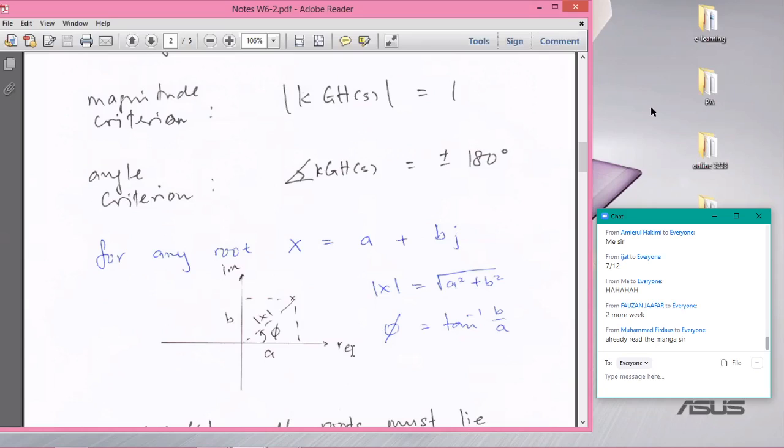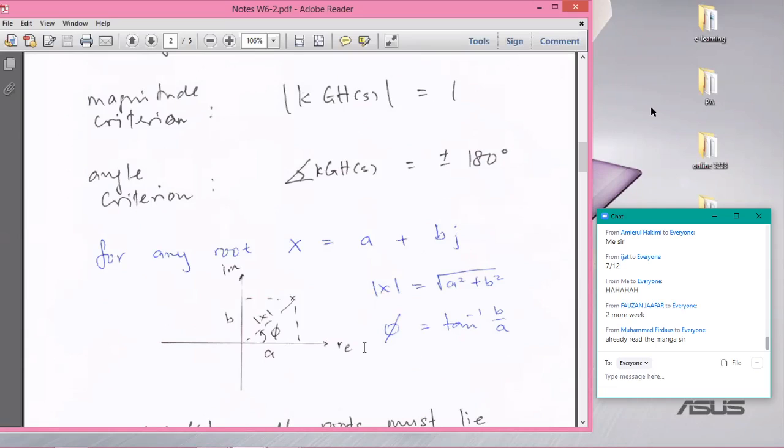So the angle on the real axis is 0. If you go around anti-clockwise, here is 90 degrees, 180, 270, and 360.